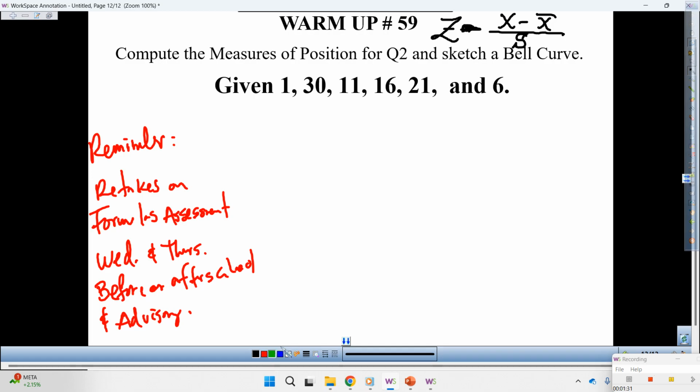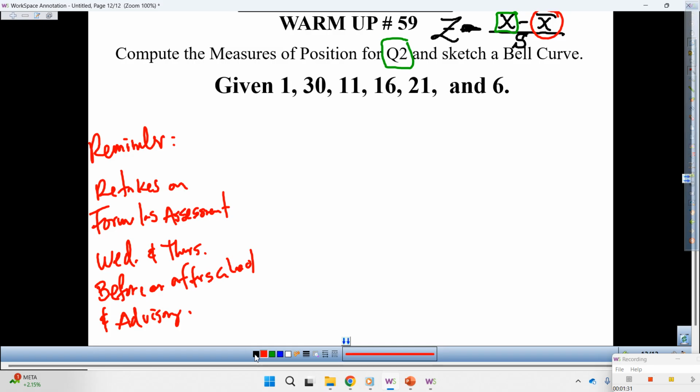So which is our x? Well, our x is going to be the Q2, right? The mean, by now you should know what I mean. And standard deviation, of course, it's obvious.